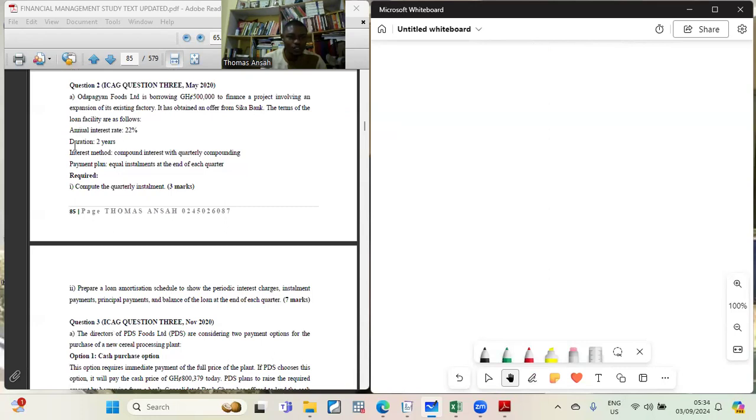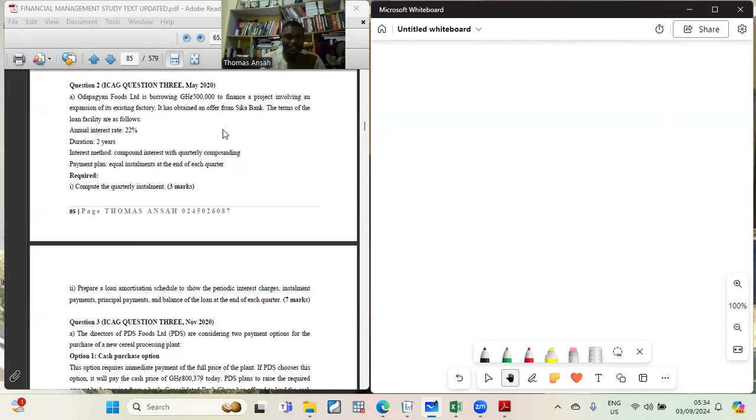The annual rate is 22%. Duration is 2 years. Interest rate compounding interest with quarterly compounding. All right. Then we have the payment plan, equal installments at the end of each quarter. So we are looking at the end. Compute the quarterly installment. So here too, we are looking for what?